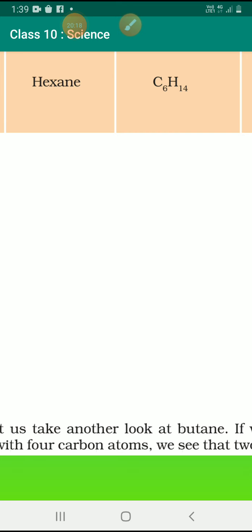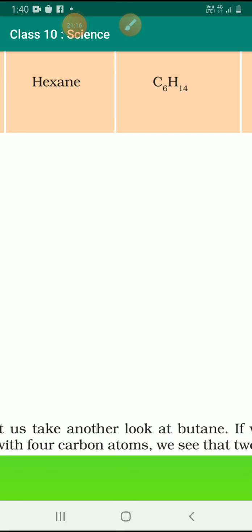This process is called catenation, which occurs in three ways: straight chain, branched chain, closed chain.